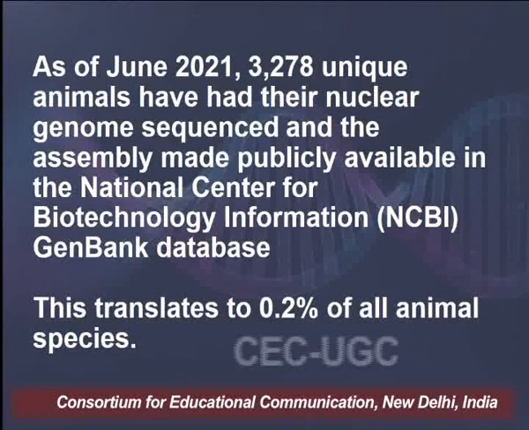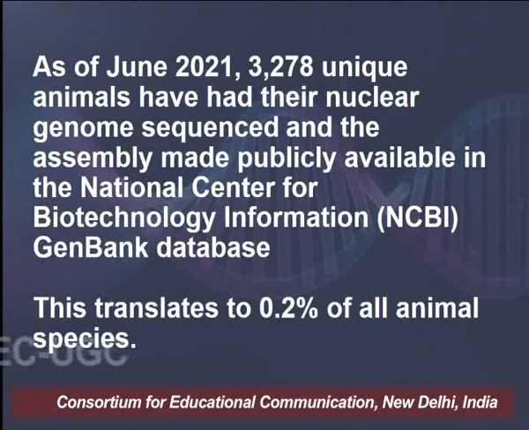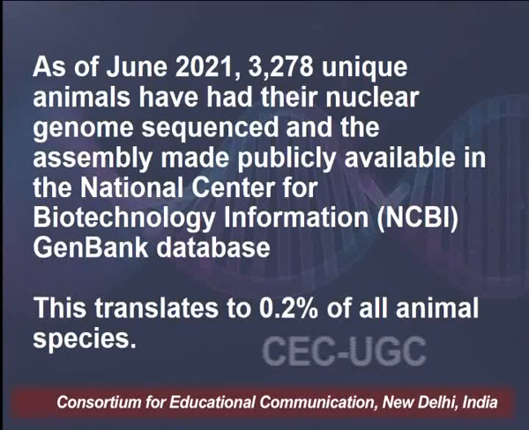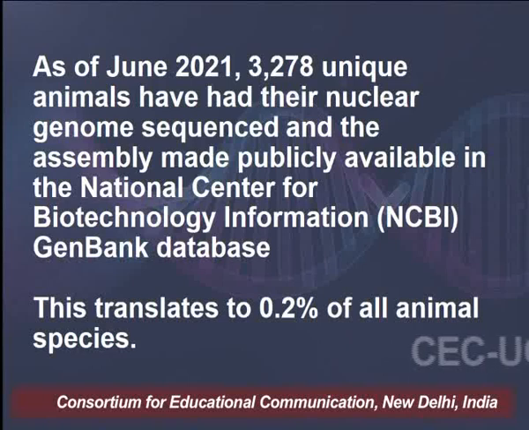So if I may add, what is happening now is that in 2021, in animals, 3278 unique animal genomes have been sequenced, meaning their nuclear genomes. This 3278 is a huge number.